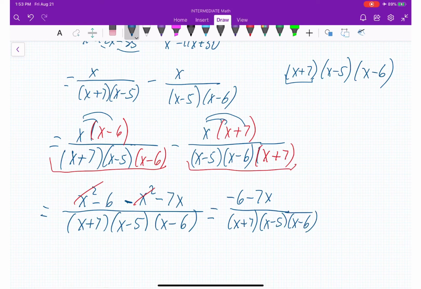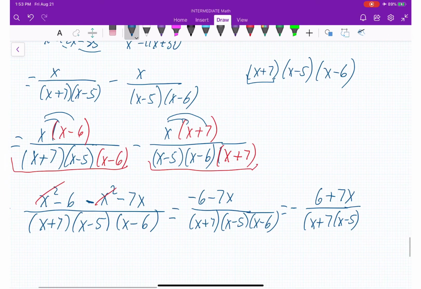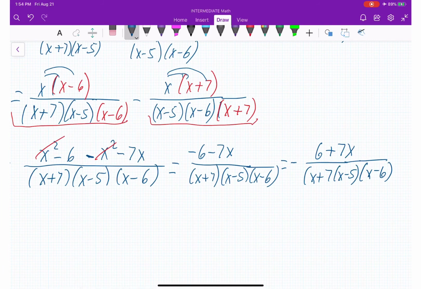I can leave it this way, or since I have a negative, I can take the negative sign out and have 6 plus 7x. And at the bottom have (x plus 7)(x minus 5)(x minus 6). Well, if you think deeply, we can get rid of that negative completely by flipping either x minus 5 or flipping x minus 6.